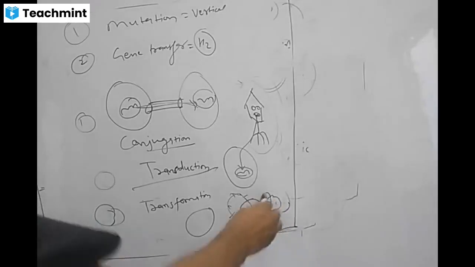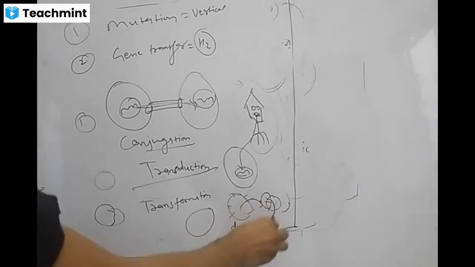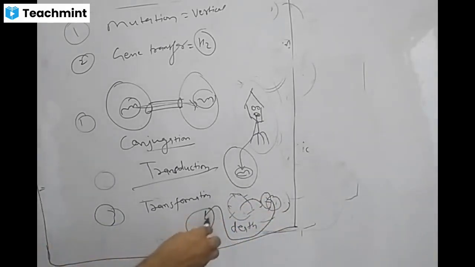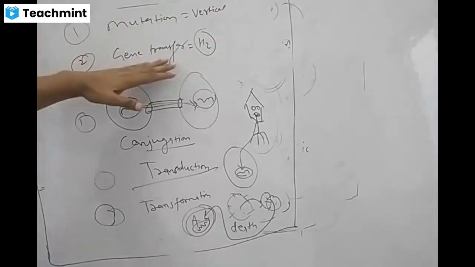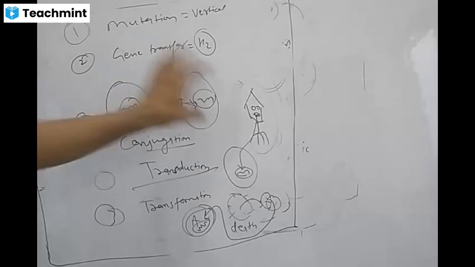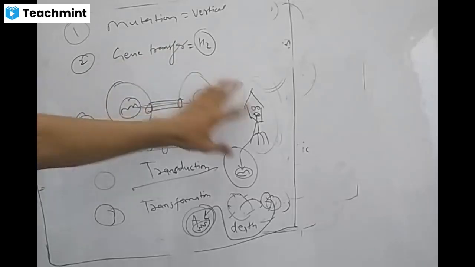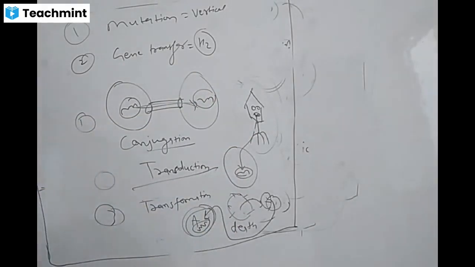And if this DNA material carries some resistance gene, then it will be taken up by this bacteria, and it will also become resistant to some drug. So mutation is the vertical method. Gene transfer is the horizontal method. Horizontally, from one to another, by the tube, by the virus, or directly from the surroundings.